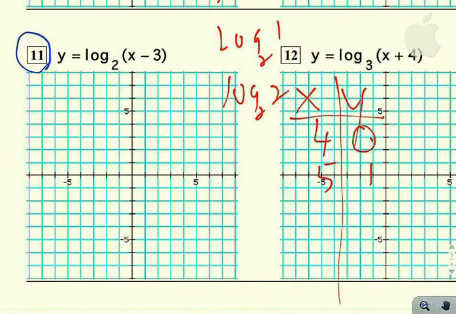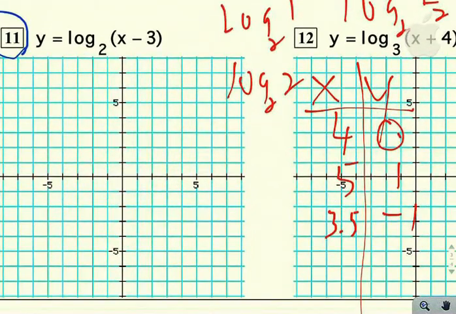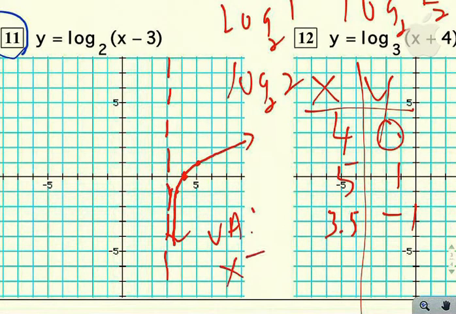And then if we had 3.5, then we'd have log to the base 2 of a half, which is minus 1. So we're not going to hug the y-axis here. We're going to be hugging x equals 3. And it's going to go through 4, 0, 5, 1, and 3.5, negative 1. The vertical asymptote is x equals 3.